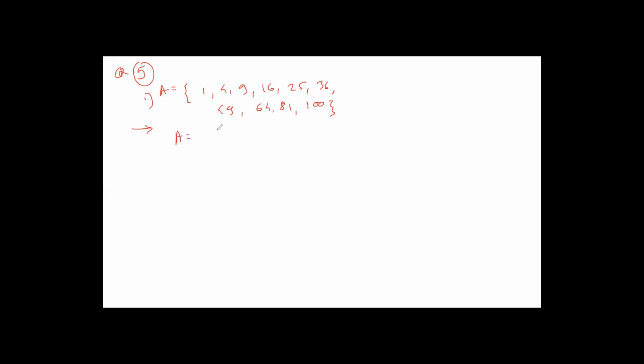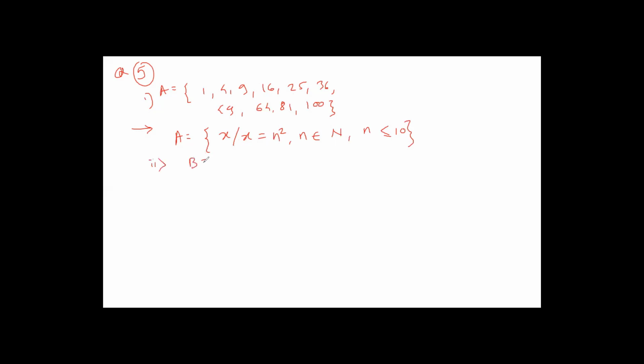We are going to write the set A as the set of all elements x such that x equals n squared. Why? Because all these are square numbers from 1 to 10. This is the square of 1, the square of 2, the square of 3, and the last number is the square of 10. So x equals n squared, where n belongs to N, natural number, and small n is less than or equal to 10. So this is called a set using rule method.